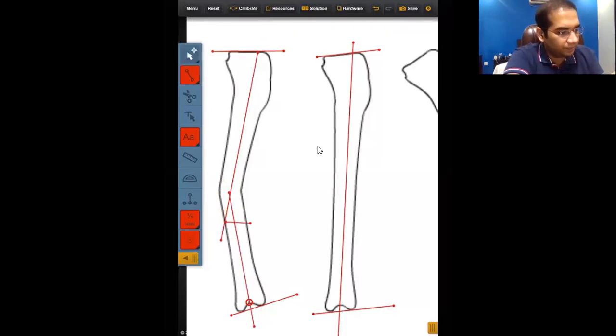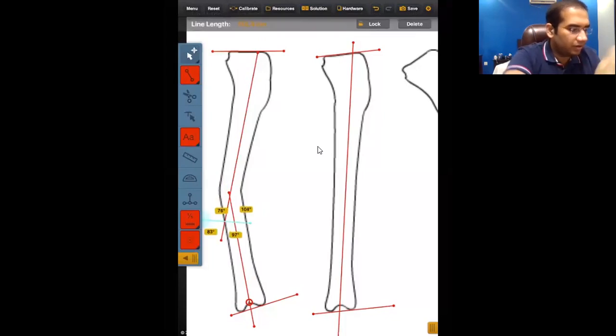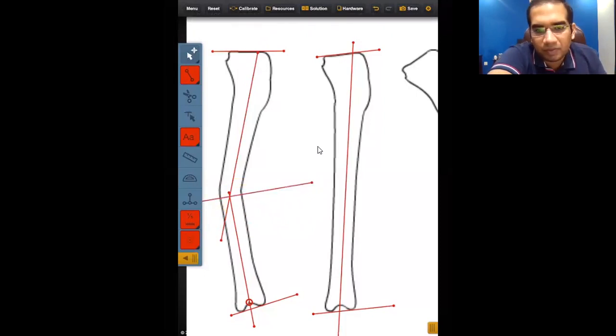Let us quickly rehearse the rules of osteotomy here as well. I'm going to draw a mid diaphyseal line. I'm going to draw here a bisector line. It's going to give me an ACA, an angulation correction axis.